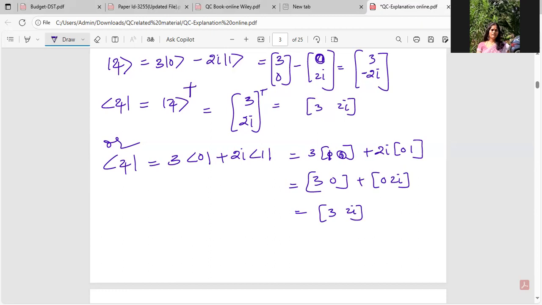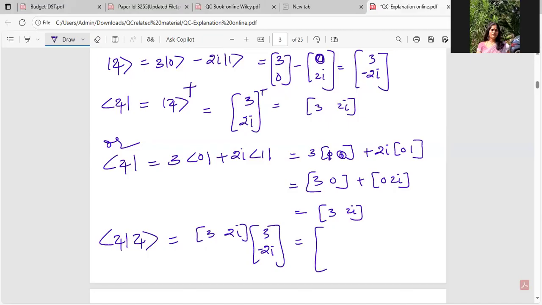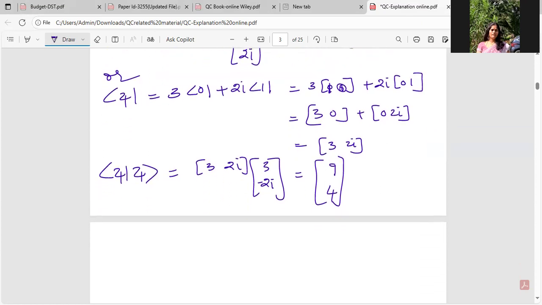Now coming to the inner product, this is (3, 2i) times the column (3, minus 2i). So 3 times 3 is 9, and 2 times 2 is 4, with a minus sign from i squared and again a minus sign, so minus and minus goes to plus.